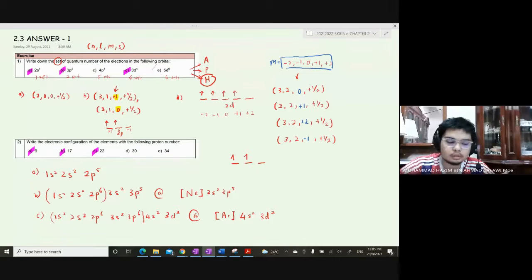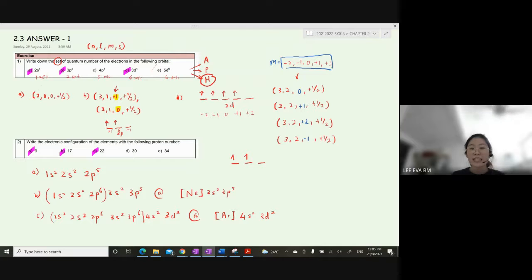Do they usually give us the core configuration or do we have to remind ourselves about it? Okay, both of these are accepted. Cuma Madam ajar yang core configuration sebab ada masa soalan bagi core. Jangan nanti awak panik, apa masalah ini neon? Ada argon tiba-tiba. I teach you this so that you can understand the questions better.